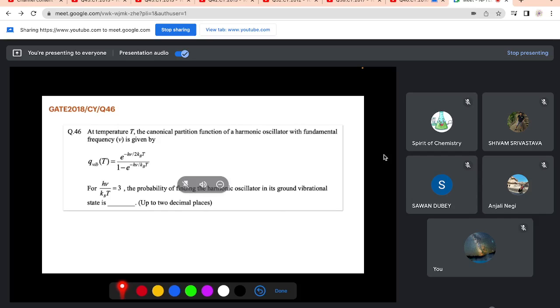When we talk about the canonical partition function, it is the ensemble of microstates.